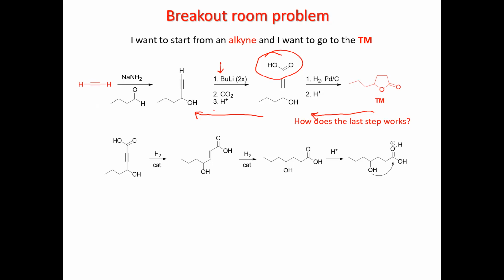Either you go back to the literature and see what people did, or that will be your job in the lab. Or you have both options, you try them both and see the one that gives you the best yield. Off the top of my head, I would say they probably will use the amide for this reaction instead of the hydride. But I'm not saying that the hydride will not work.